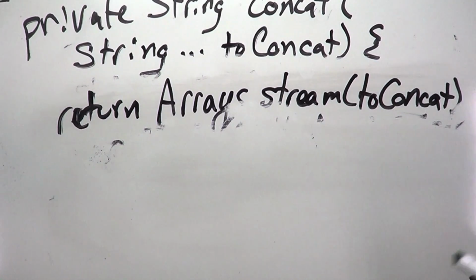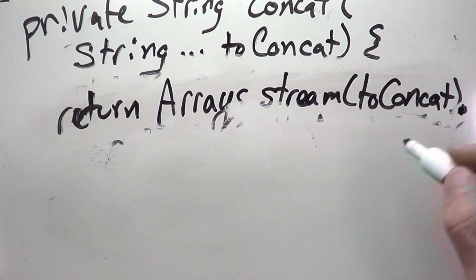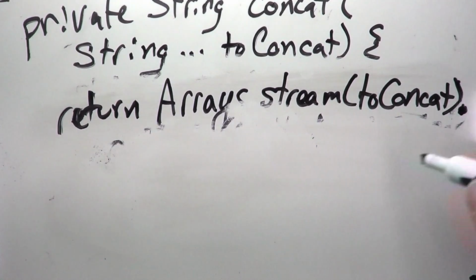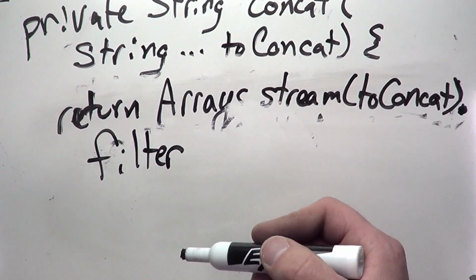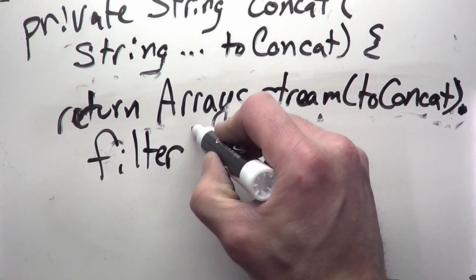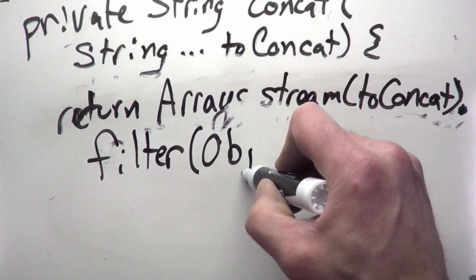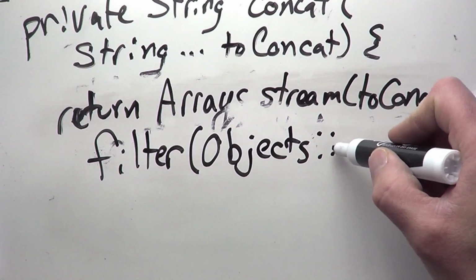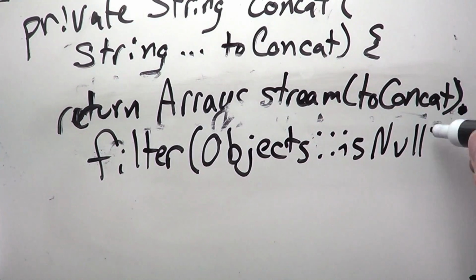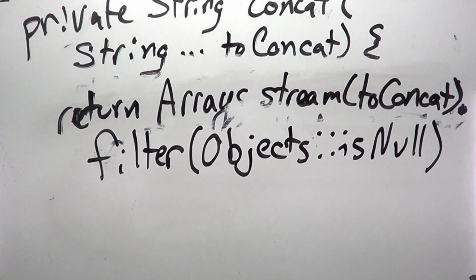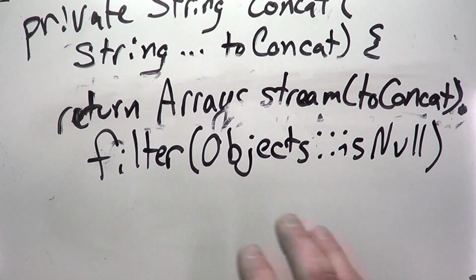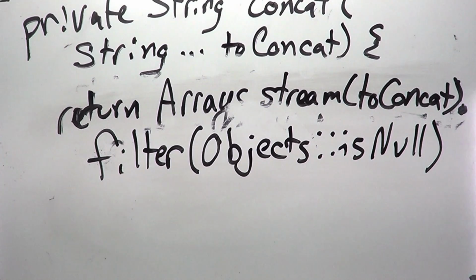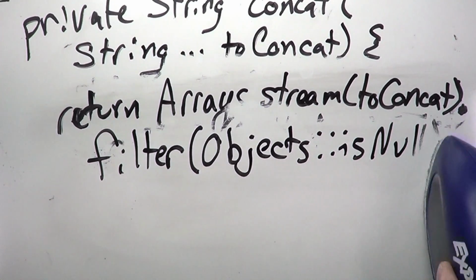And so what you want to do to filter out those nulls is just dot filter. And if they're actually null, it becomes really easy. You can just do objects is null. Oh, but wait, that's not right. That'll filter everything that is null so that you'll be left with all the nulls. Well, that's not quite what we want.